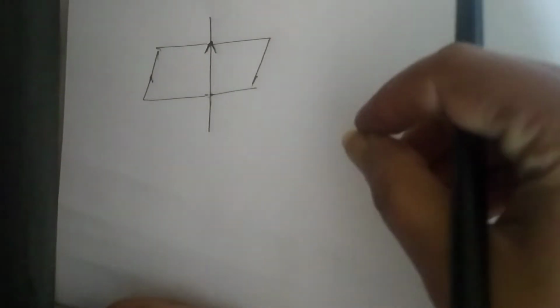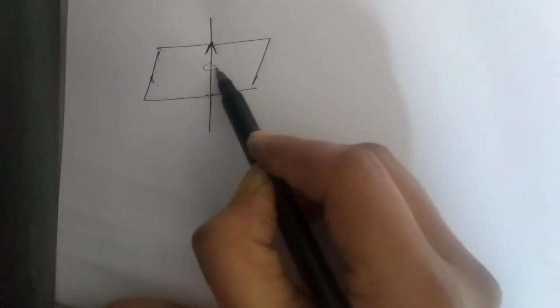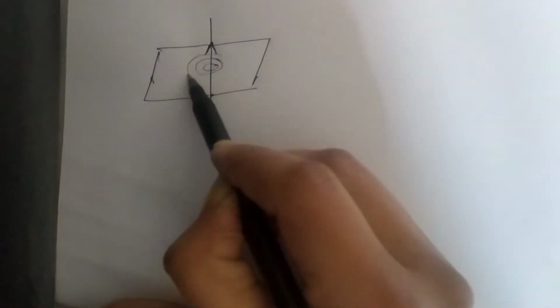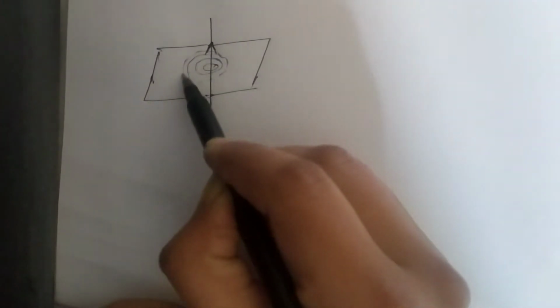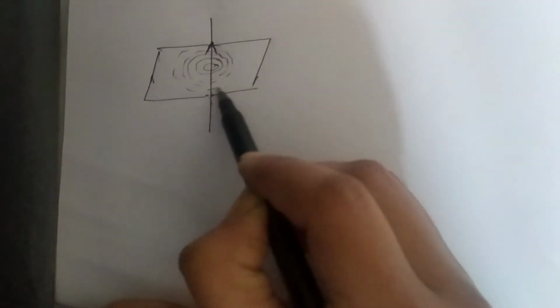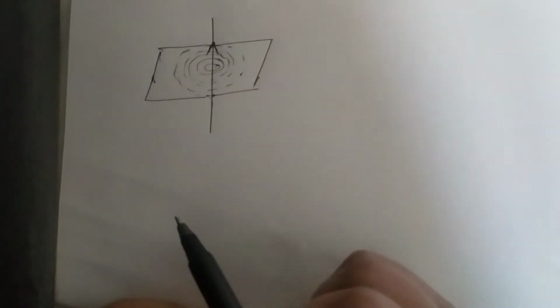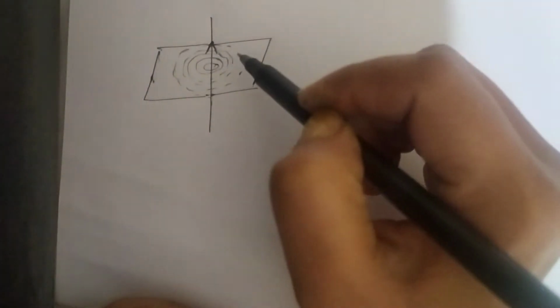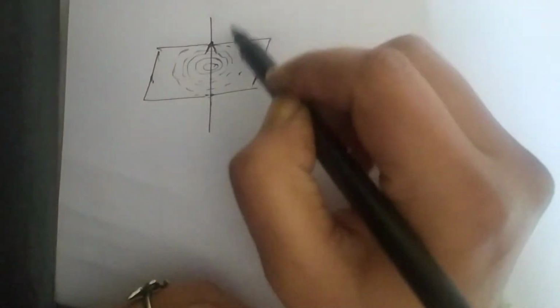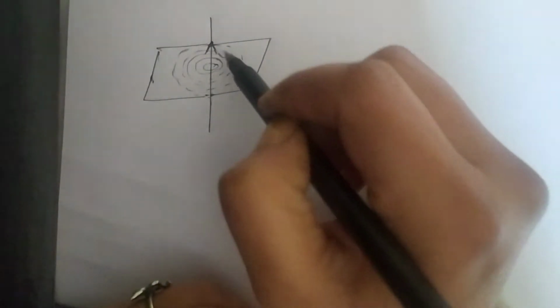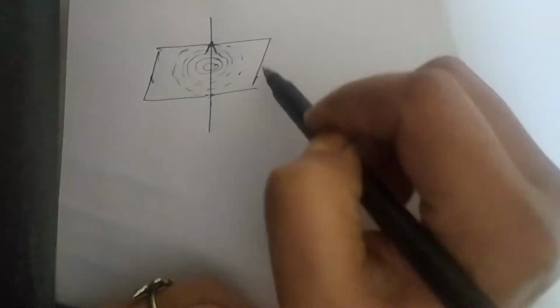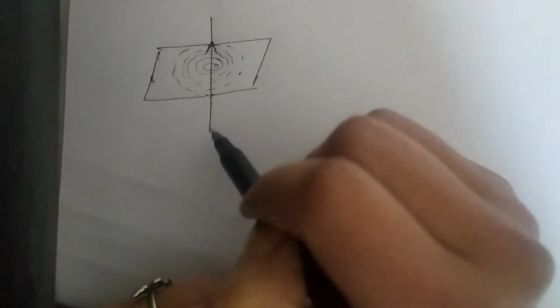Then sprinkle the iron filings. The iron filings arrange themselves in this pattern around the current carrying wire. From that we get an idea that the magnetic field lines around a current carrying straight conductor are concentric circles.